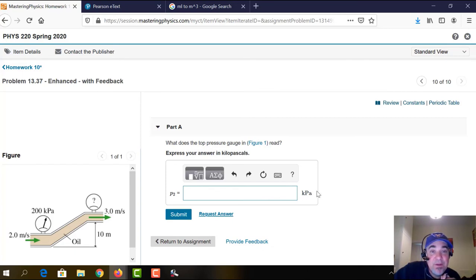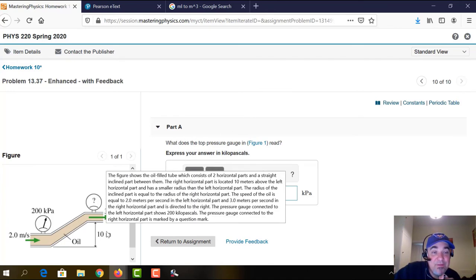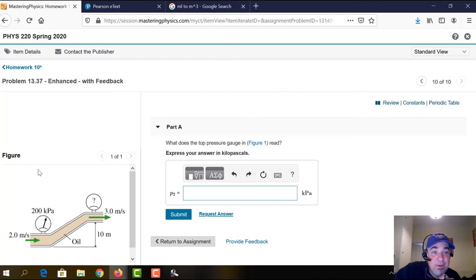Okay, so not a lot of information given here. You've got to rely on the picture to figure out how fast things are going. So let's put this on paper. Here's the picture, so keep the picture in mind when I show you these numbers.